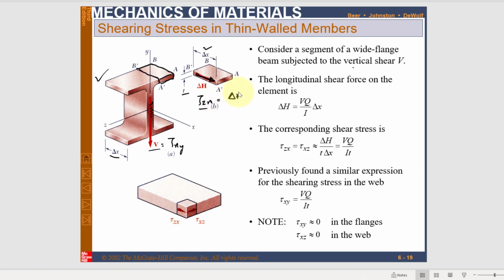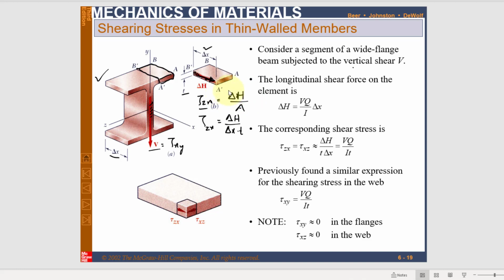Now this shearing stress in the flange, tau of xz, is equal to the horizontal shear force, which is delta H, over the area. Now this area is equal to delta X into T, so tau is equal to delta H over delta X into T. This is the horizontal shear stress that is acting on this flange.